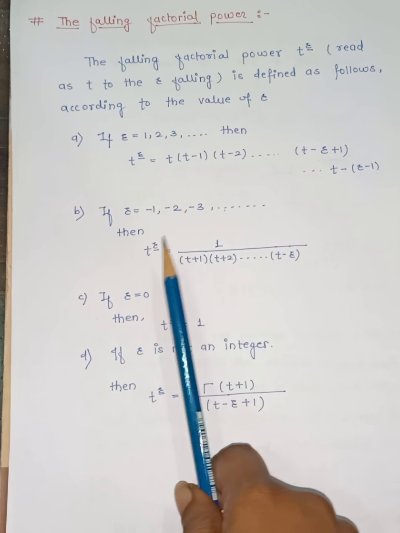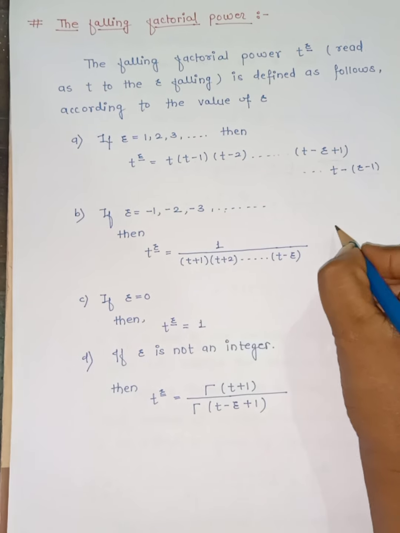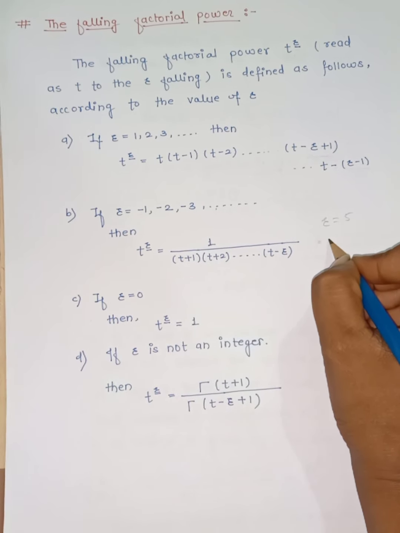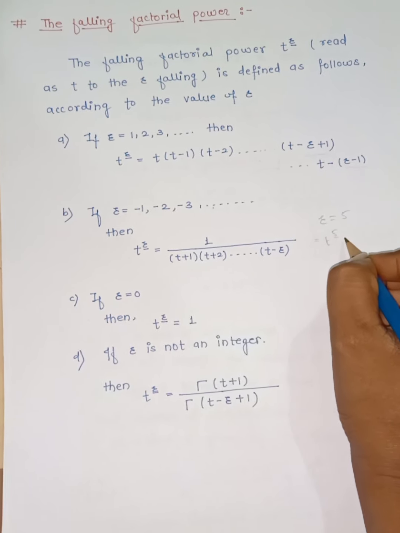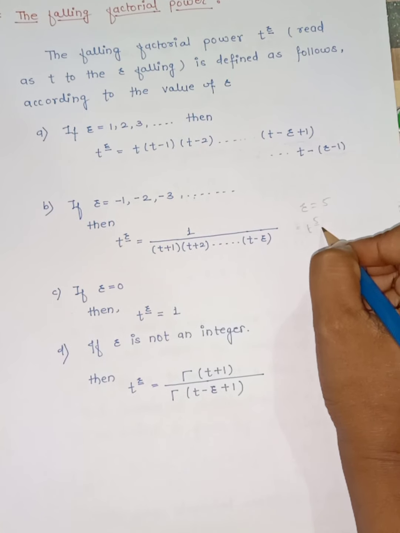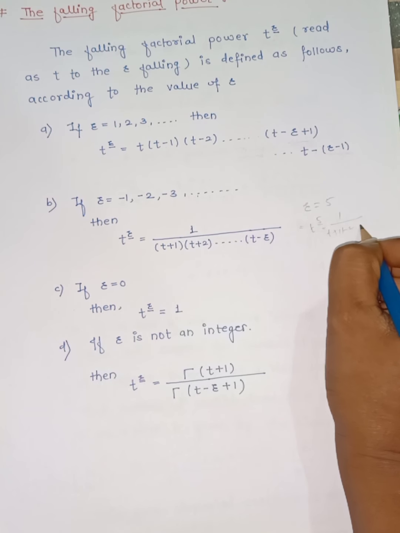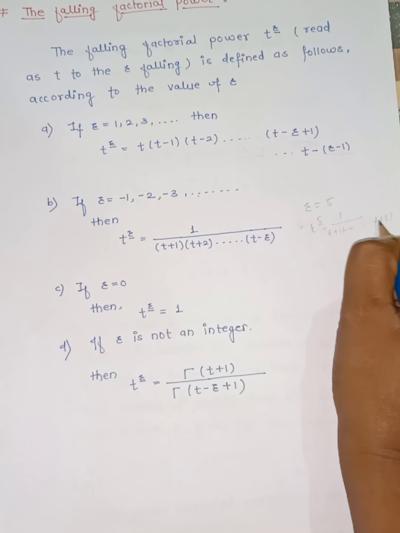Okay, if here we choose r equals 5, then t to the falling 5 will be equal to 1 upon t plus 1, t plus 2 and so on up to t plus 5.